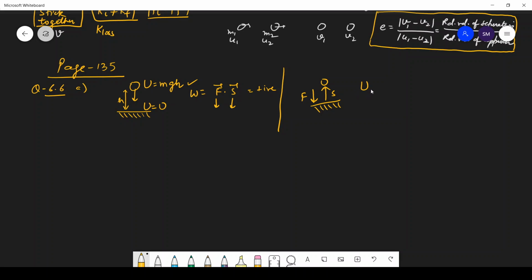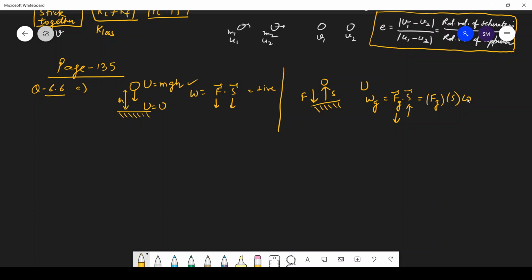And what is the work done by the gravitational force? That is F dot S. So work done by the gravitational force is the gravitational force dot S, and the direction of the gravitational force, you can see, is downward, whereas the displacement is upward.